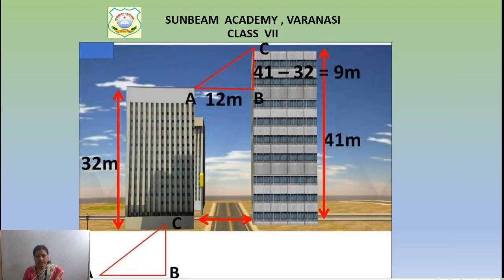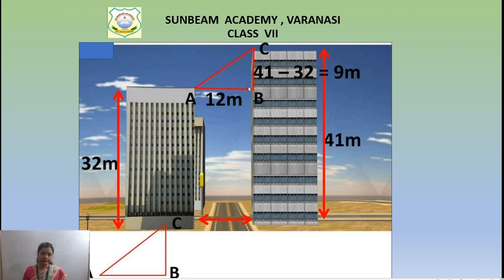No need to find. See this one. This is another example of Pythagoras theorem, how we can find. Two buildings are given in front of you and their respective lengths are also given to us. Like one small building is 32 meters in length, the big building is 41 meters in length, then how can we find how much greater the bigger building is than the smaller building?